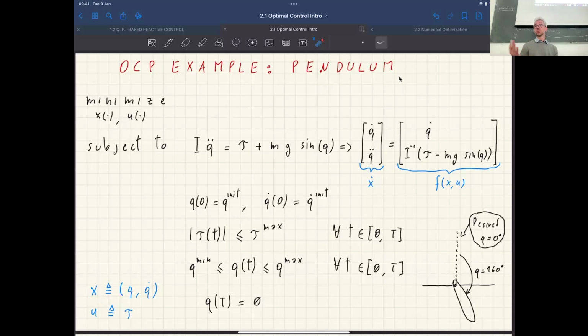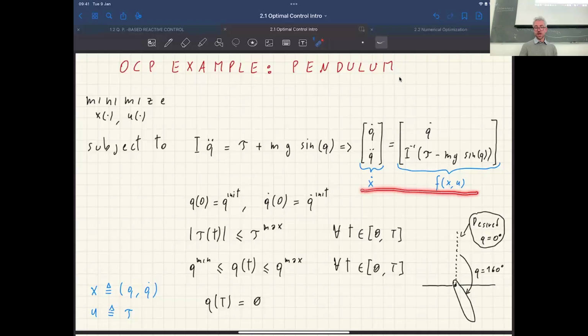Well, for almost all robotic systems, the state is the stacking of the joint configuration q and the joint velocities q dot. So we just stack positions and velocities together, and that's the state of the system, whereas the control input u are the joint torques, tau. And then we can write this equation in standard form.